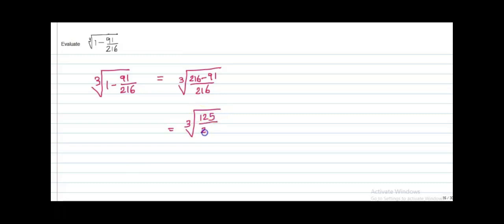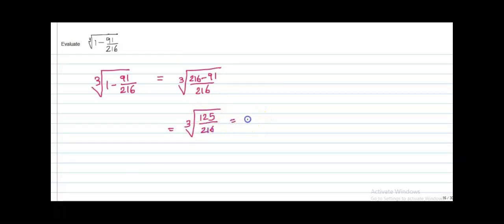Moving on to the next question, evaluate the cube root of 1 minus 91 by 216. The cube root of the difference between the fractions 1 minus 91 by 216: first of all we simplify 1 minus 91 by 216, which is 216 minus 91 by 216, which is 125 by 216.